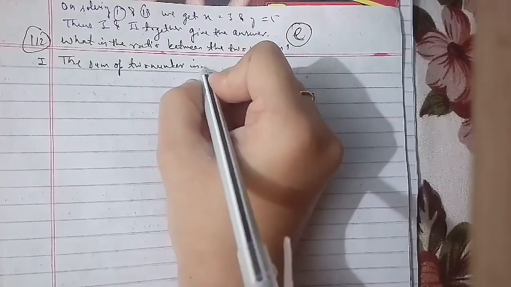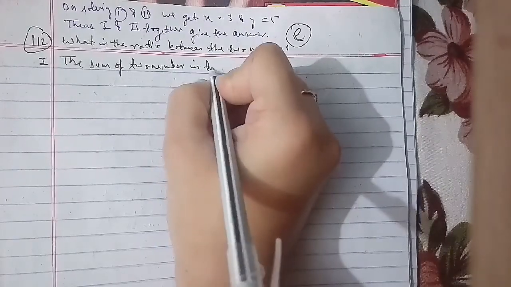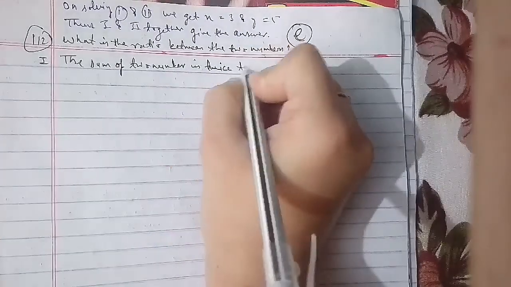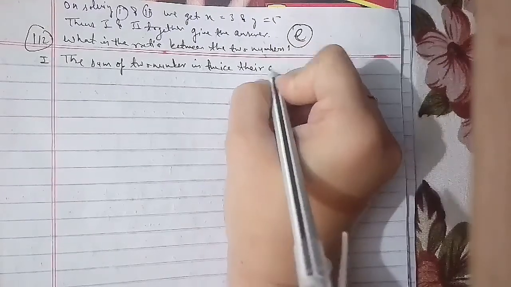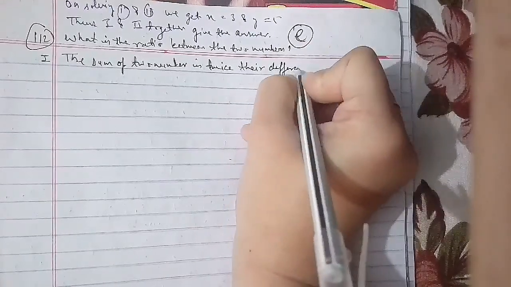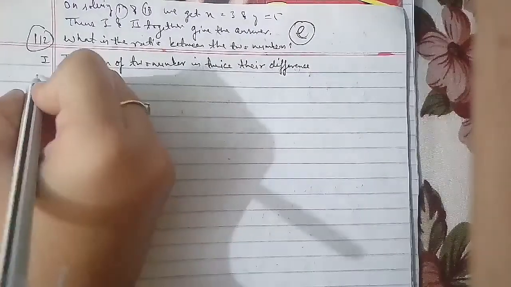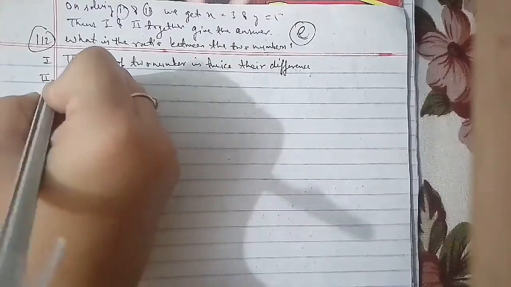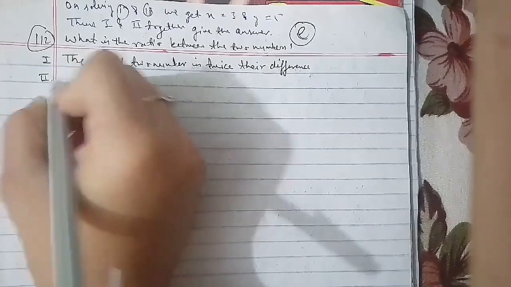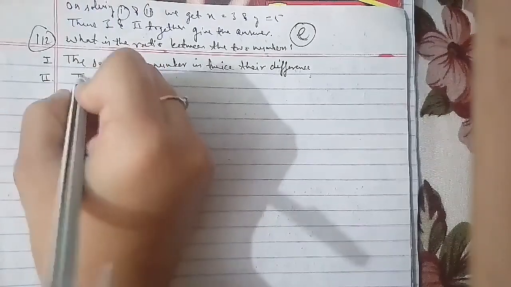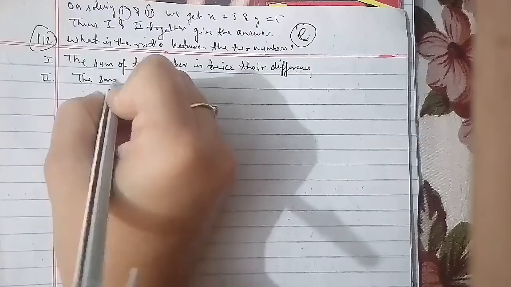And the second statement is that the smaller number is 6. So these were the two statements that we have to talk about.